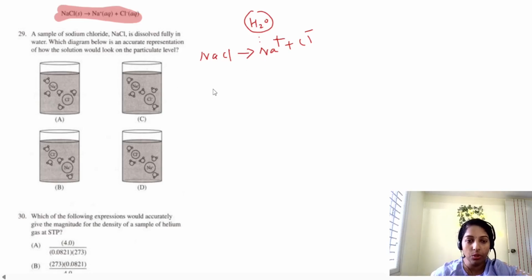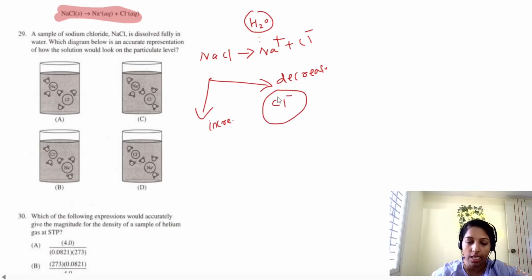Okay. The Na+ sodium cation is smaller than the Cl-. Left to right, atomic size decreases. Top to bottom, atomic size increases. But here Cl- will be higher in size because it's an anion, right?